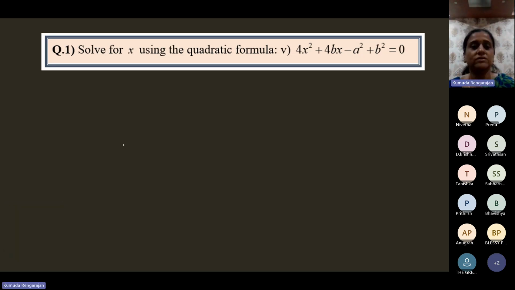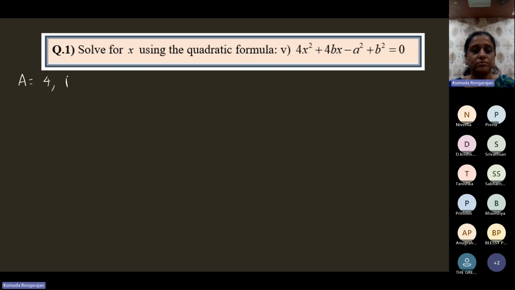Yeah, this is the first question. Solve for x using the quadratic formula. So what's the value of a? 4.